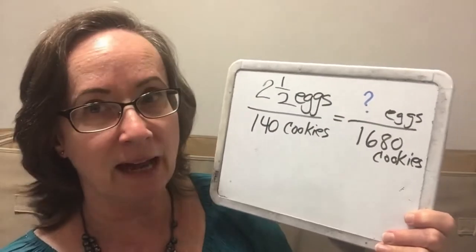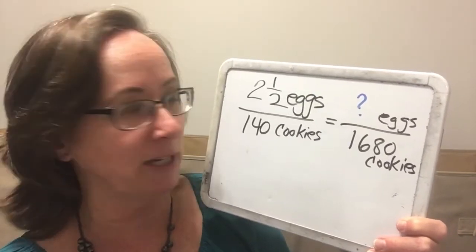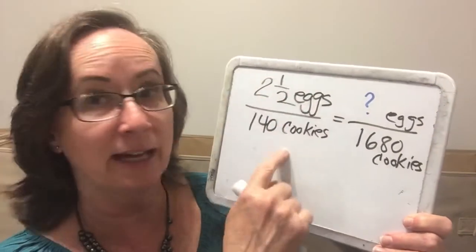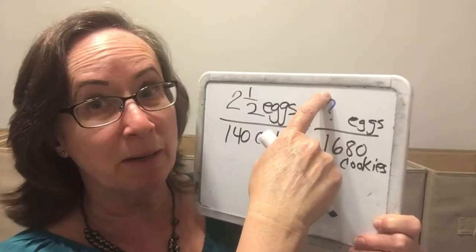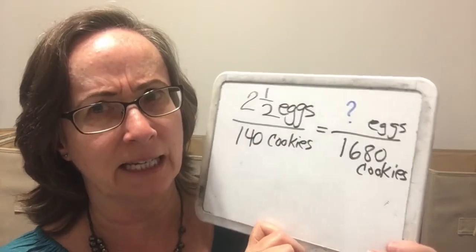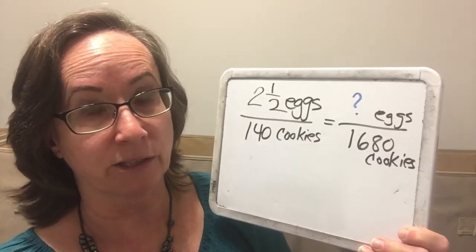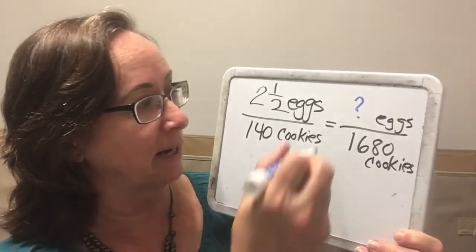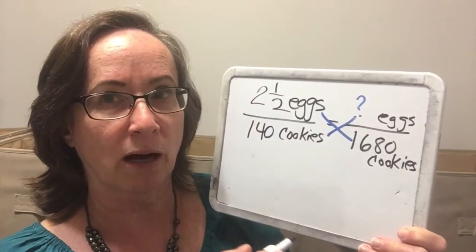All right, so now we have a proportion. We also have an equation. And 2.5 eggs is to 140 cookies, as some number of eggs that we have to discover is to 1,680 cookies. Okay, so it didn't say how long it was going to take her to bake those many cookies. So now we're going to cross multiply.